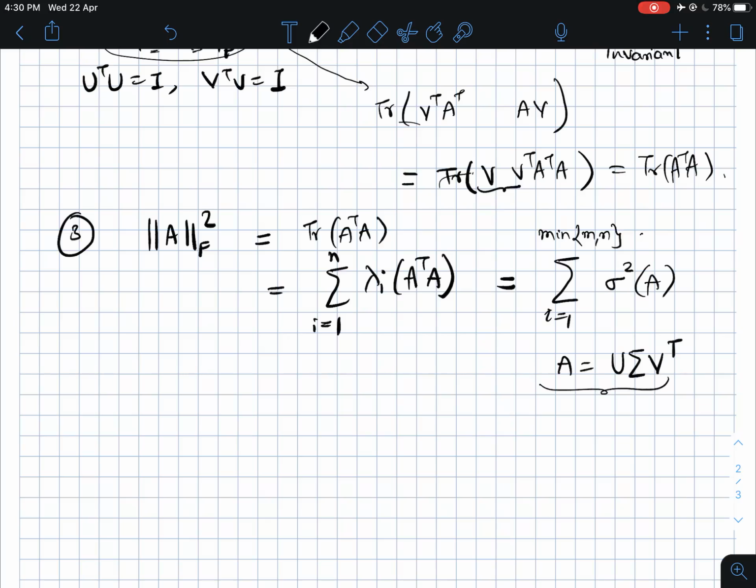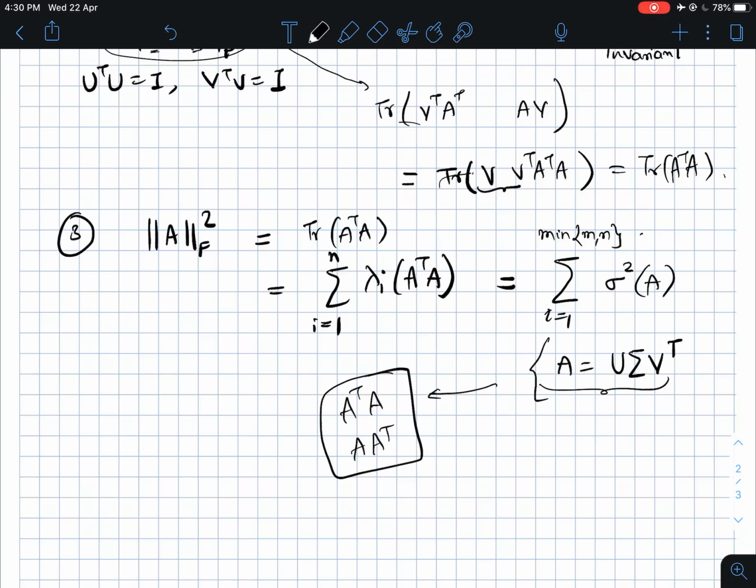Every matrix A can be decomposed as U sigma V transpose. The power of the SVD is that it can be done for any matrix, not just a symmetric square matrix like the spectral decomposition theorem, but for any arbitrary rectangular matrix. The derivation was done by considering the Gram matrices A transpose A and A A transpose.